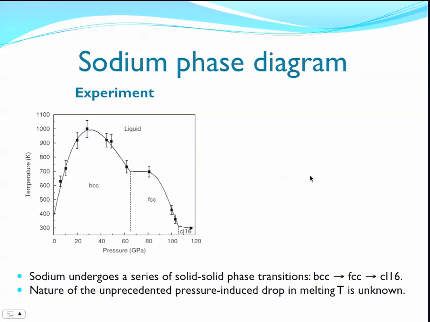Experiments have shown that this pressure-induced drop in melting temperature spans the region of stability of at least 3 different phases, and the melting temperature drops from 1000 Kelvin at 30 gigapascal to approximately room temperature at 120 gigapascal. This behavior is unprecedented.